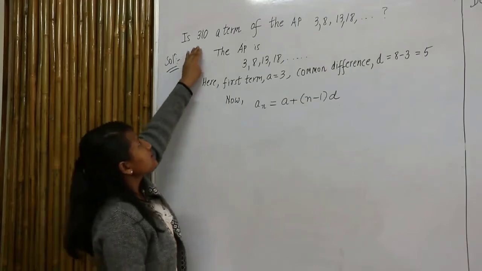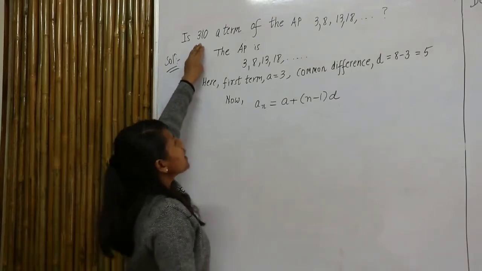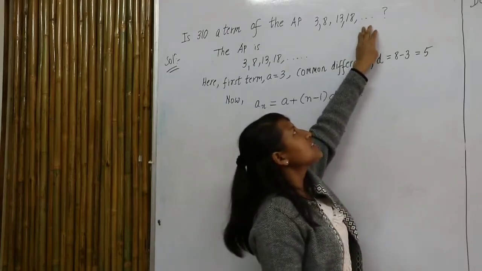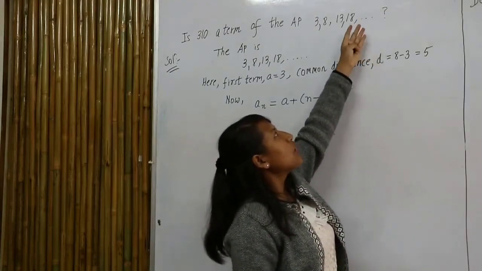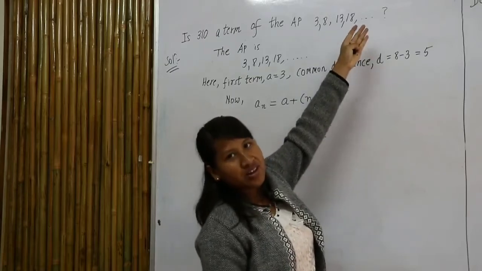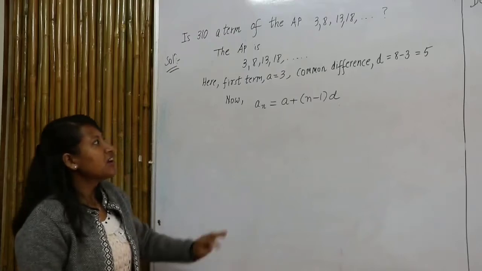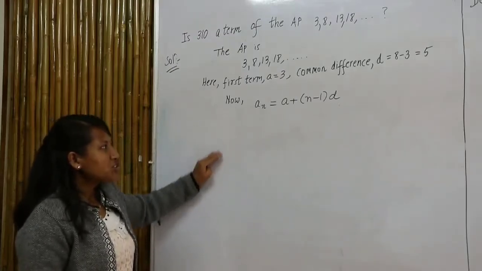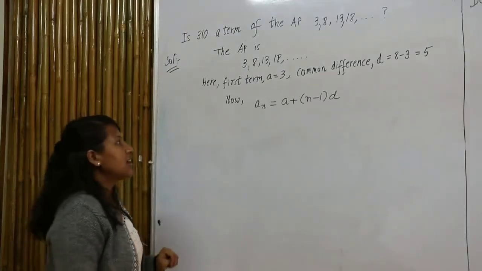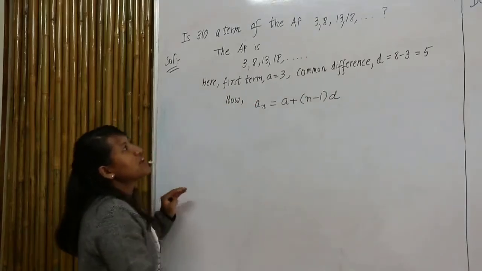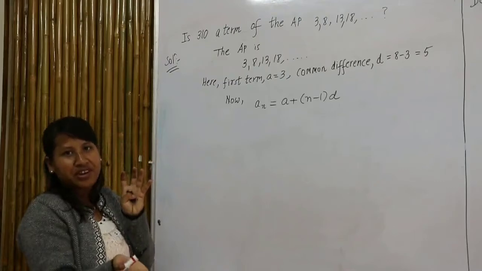The question is whether it is one of the numbers of the AP or not. How can you tell that? After solving, I will explain whether it is a term of the given AP or not.